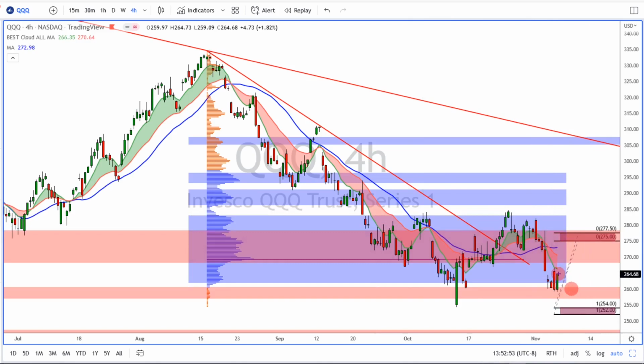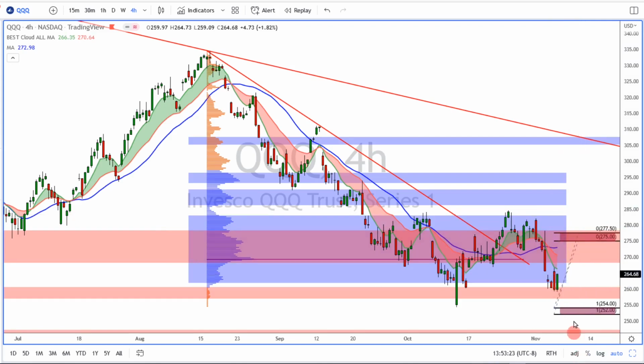So we'd be watching to see will it come up into this range here, this high volume zone here from the large composite volume profile, and see would it be able to push up into this upper range at the 277.50 area. Then we are targeting possibly getting back up here at this edge near the 283, 284 area.